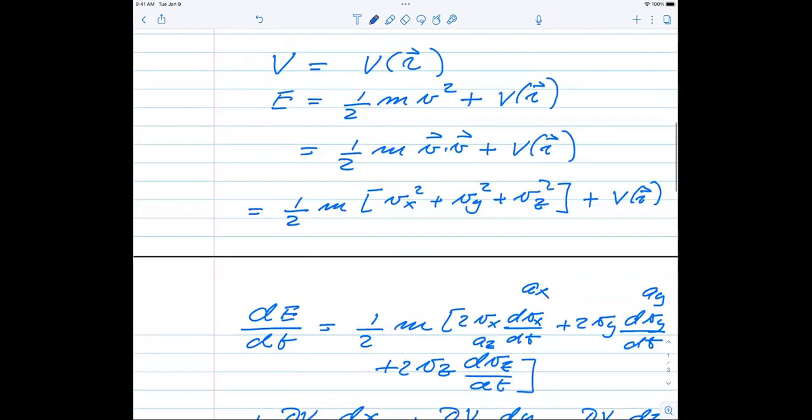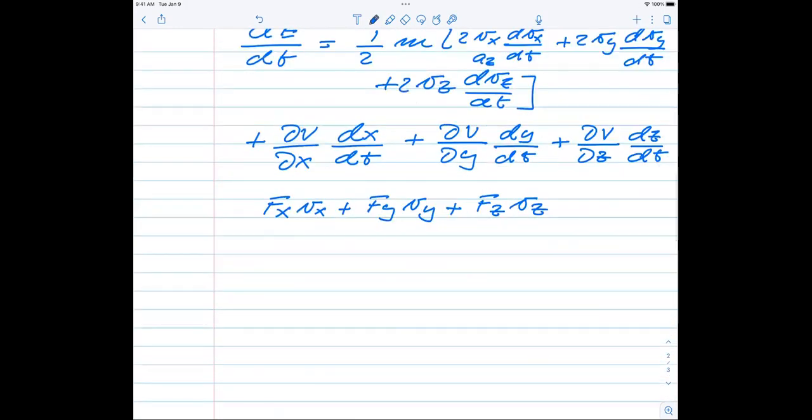So that means that I can rewrite the potential terms as the forces, and then I have dx dt, and we know that this is the same as the velocity in the x direction. This is the velocity in the y direction, and the velocity in the z direction. So each of these terms becomes minus f of x times v of x, and this is minus f of y, if we follow the definition, times v of y, and minus f of z multiplied with v of z here.